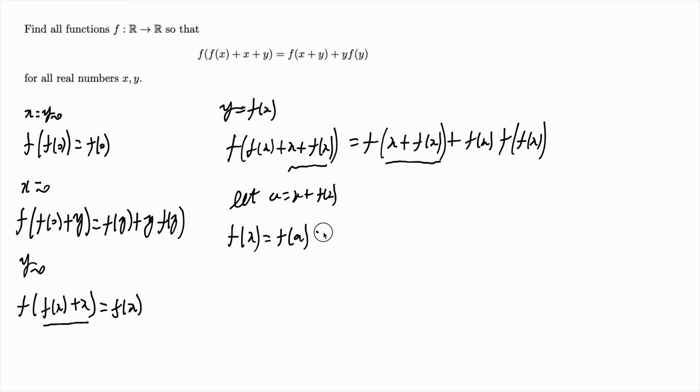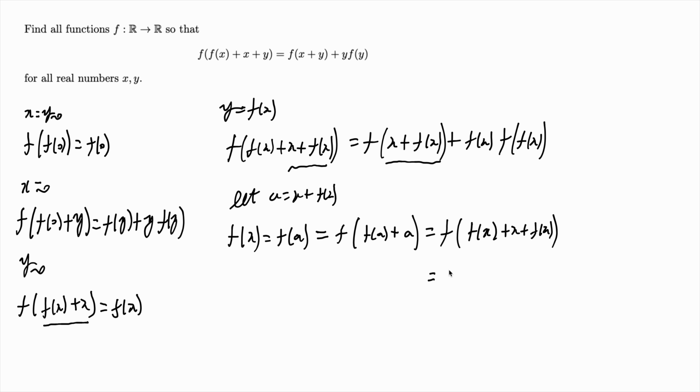Now we substitute it back here. So when we substitute a here, we get f(a + x), oh sorry, f(a). Now notice that this is the same thing as f of a, which is f(x), plus x plus f(x). Now, does it look familiar? Yes, we have it right here.